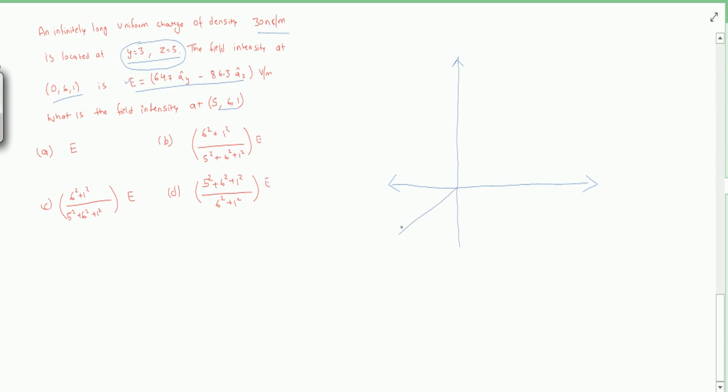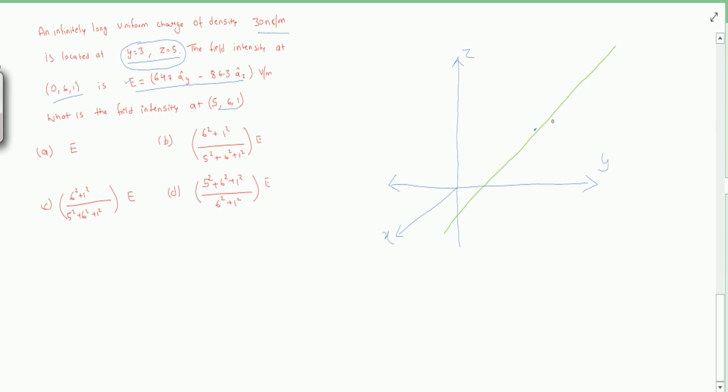If I show here my x-axis, y-axis, and z-axis, the line charge at y equals 3, z equals 5 is somewhere here, parallel to the x-axis, somewhat like this. This is my line charge.